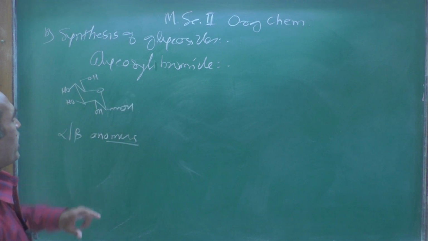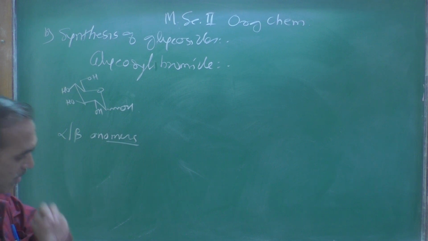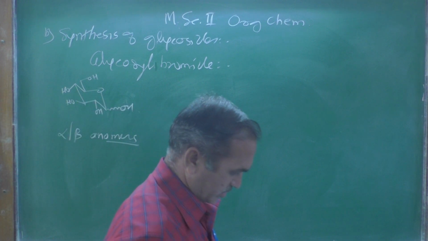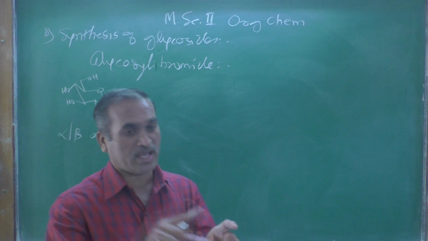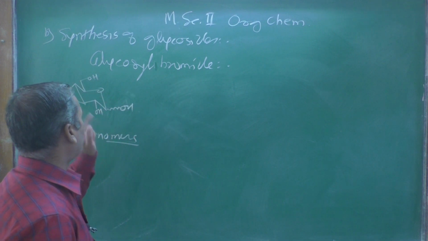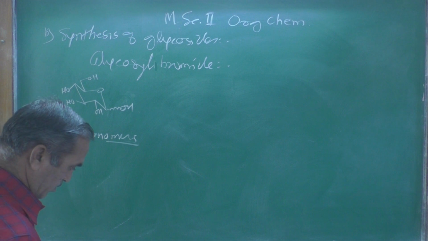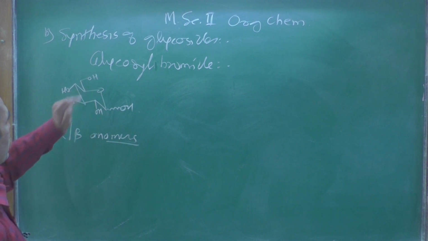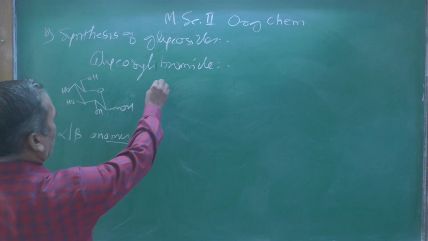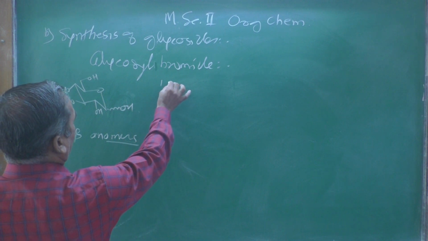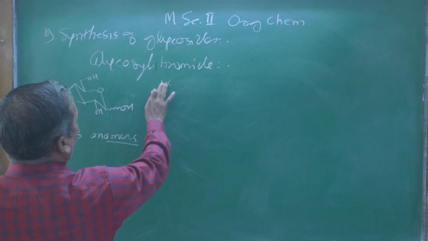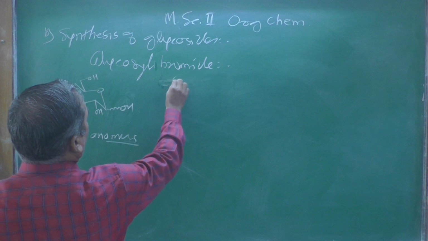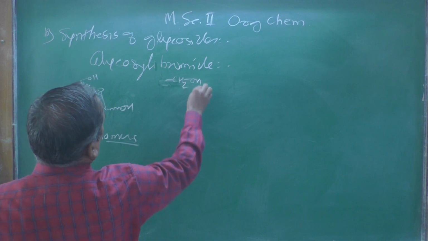Now if you look here, if you consider the reactivity of this chair conformation, what do you find? There is one primary hydroxyl group, like this one, CH2OH.